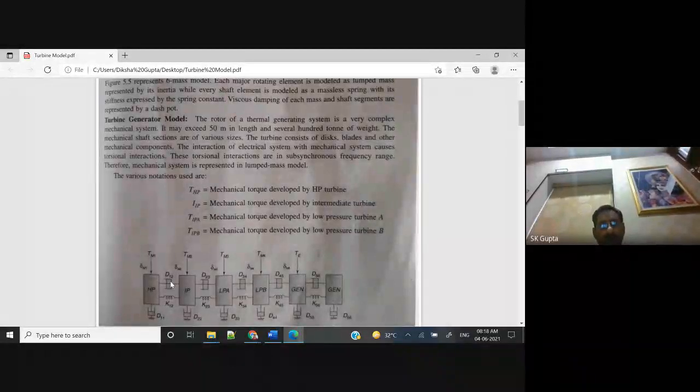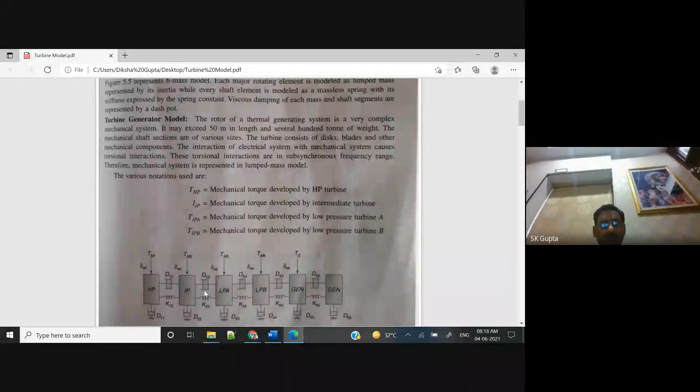So this shaft is considered massless. The mass of the shaft is not considered, but this unit is connected with that unit by a shaft represented by a spring constant K and damping. The spring is massless. If the units rotate at a different power angle, or there is a speed difference between the two, there will be a twist in the shaft.